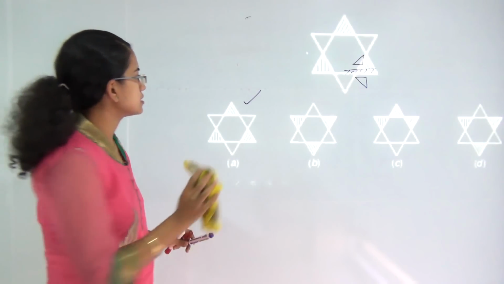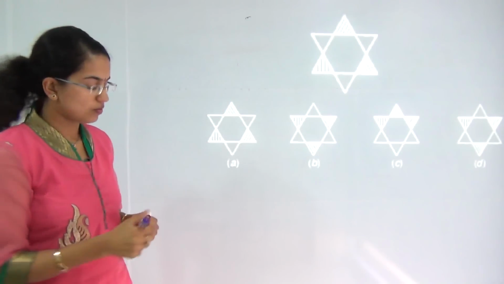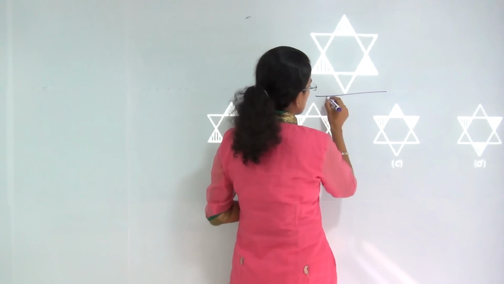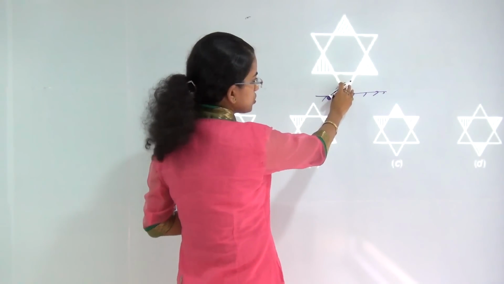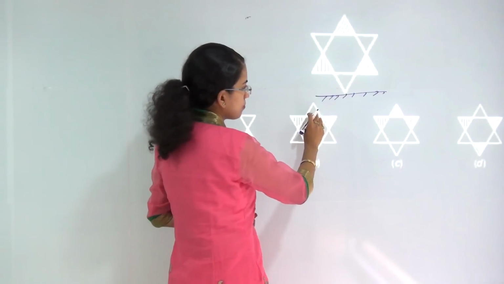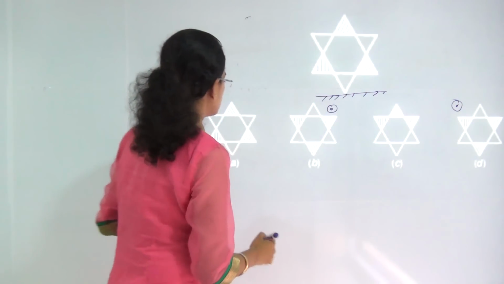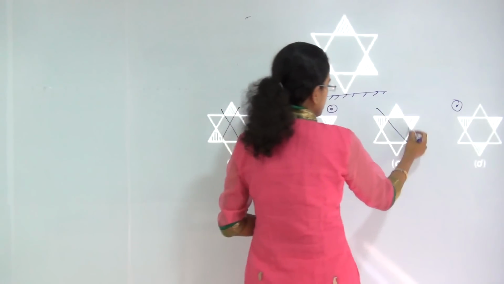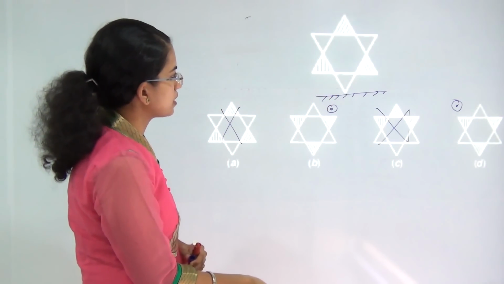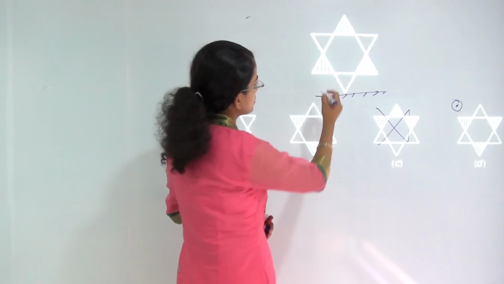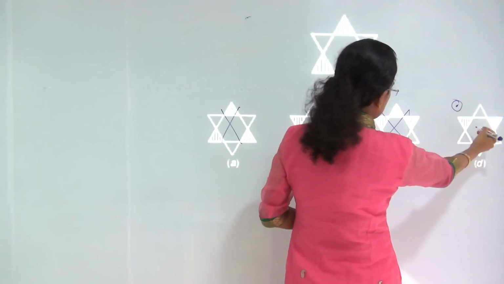Now, next thing is, you have a triangle here. So what would be the water image along this horizontal axis? This triangle would be the closest, so you should have an empty triangle on the top. This choice and this choice have an empty triangle on the top, so I will just ignore the remaining two choices. Now, what would be the direction of lines? The direction of lines should be this. Here the direction of lines is this.